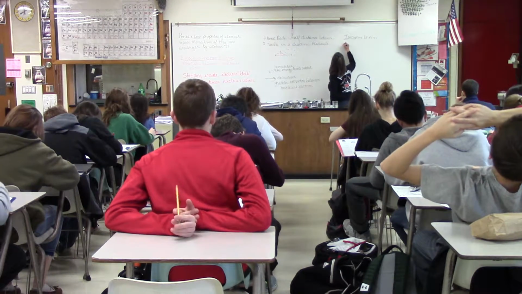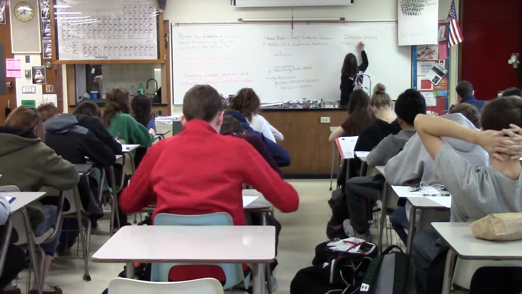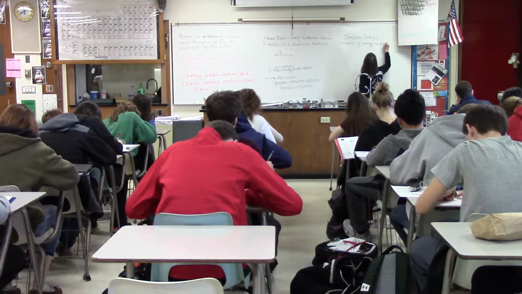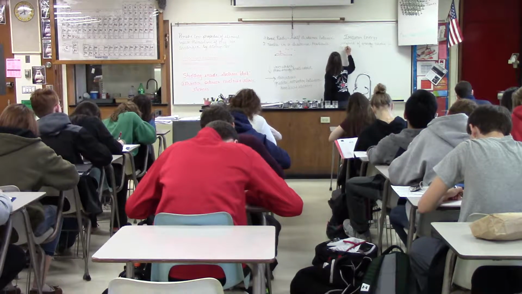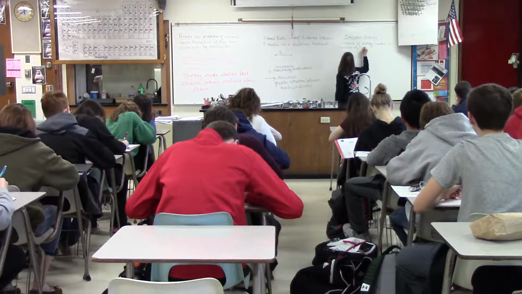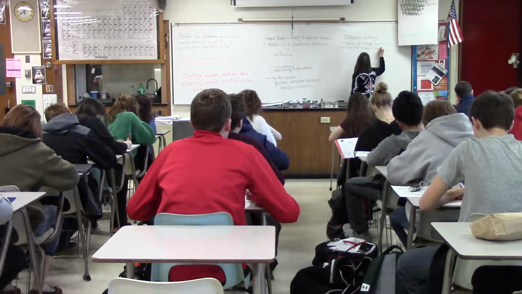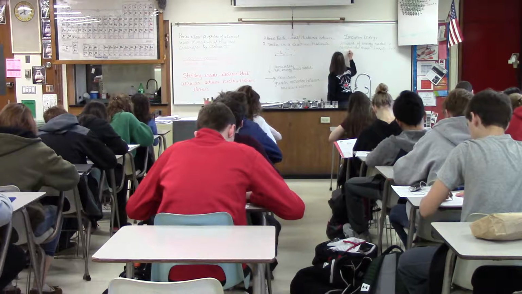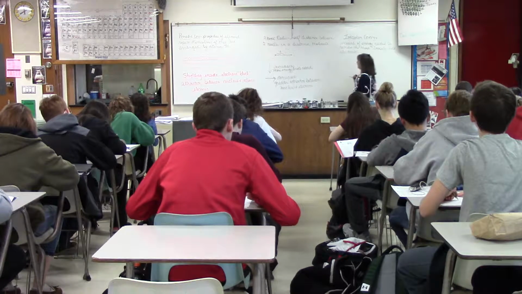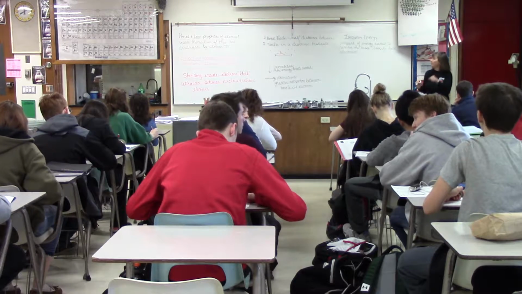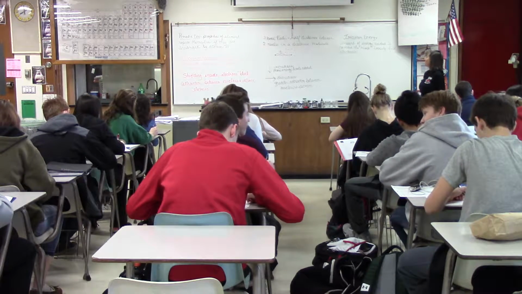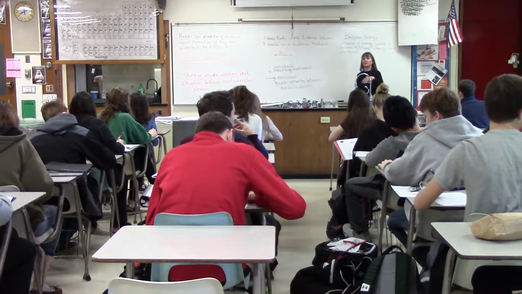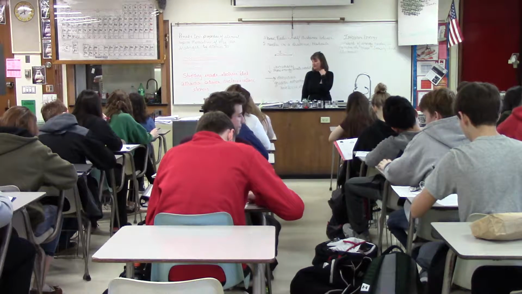So it's the amount of energy needed to remove... Can you read my cursive? The amount of energy needed to remove the most loosely held electron or electrons. In a minute, I'm going to talk about something called first ionization energy, second ionization energy, third ionization energy. So you're going to see what that is in a minute.